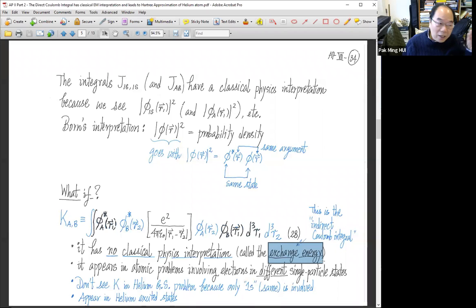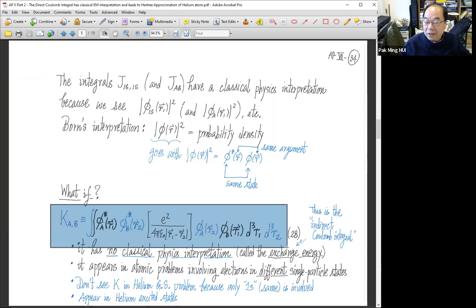For those who know a little bit of magnetism, that is the origin of magnetic properties of matter. This particular integral turns out to be a very quantum effect. But at this moment, I just want you to realize that there is indeed something of similar form, but one cannot find a classical electromagnetic interpretation for such an integral K_AB.